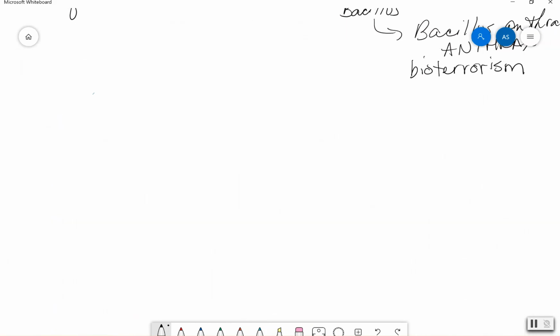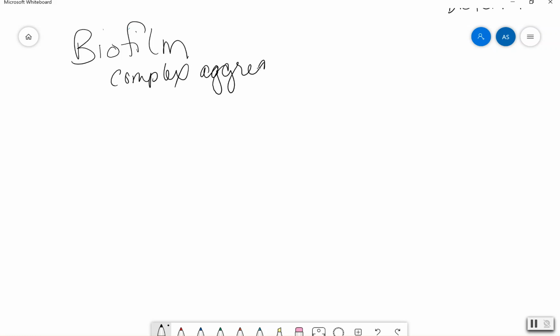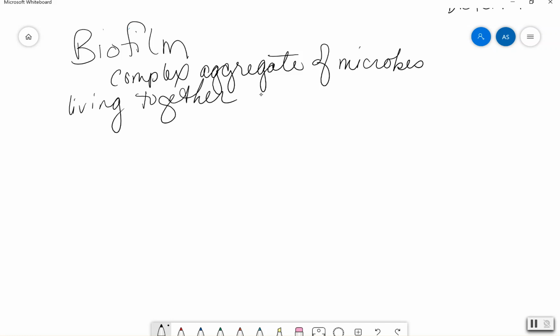Our next structure is something called a biofilm. A biofilm is defined as a complex aggregate of microbes living together and surrounded by a polysaccharide matrix.